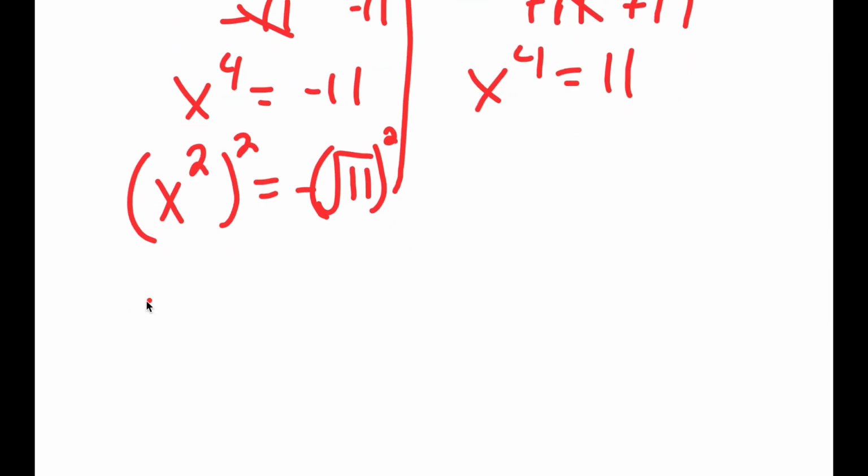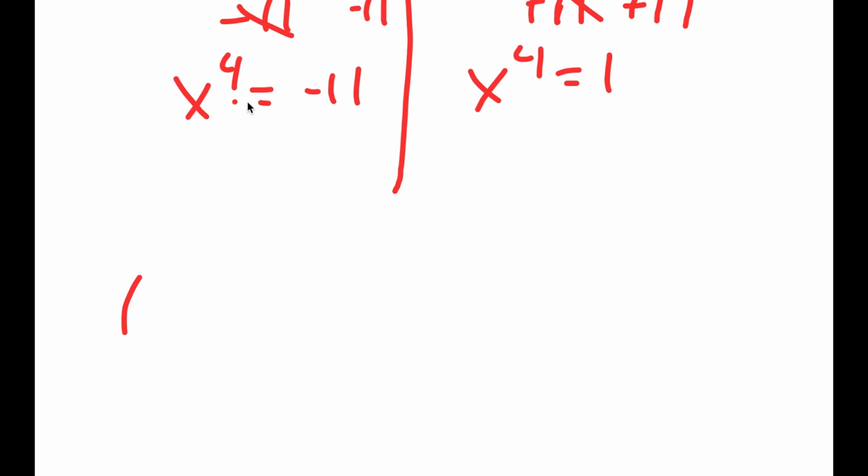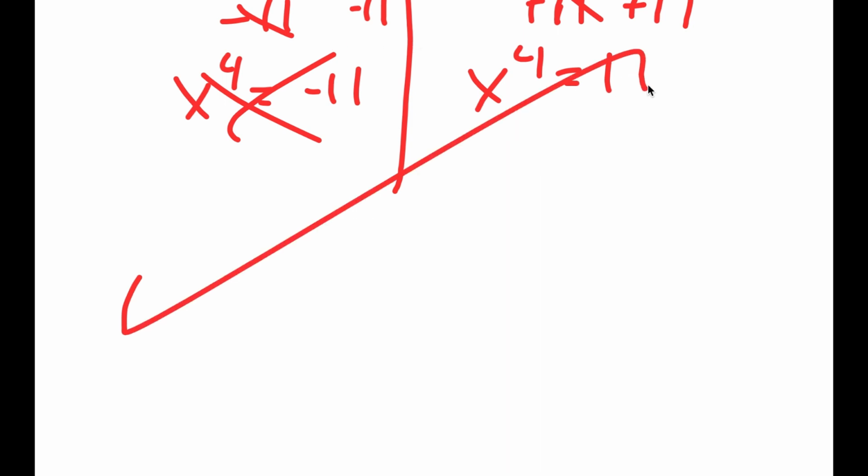And now this means that x squared to the power of 2, this actually has no solution because I have a number to an even power exponent equaling a negative number. So this is wrong. x to the power of 4 is equal to 11.